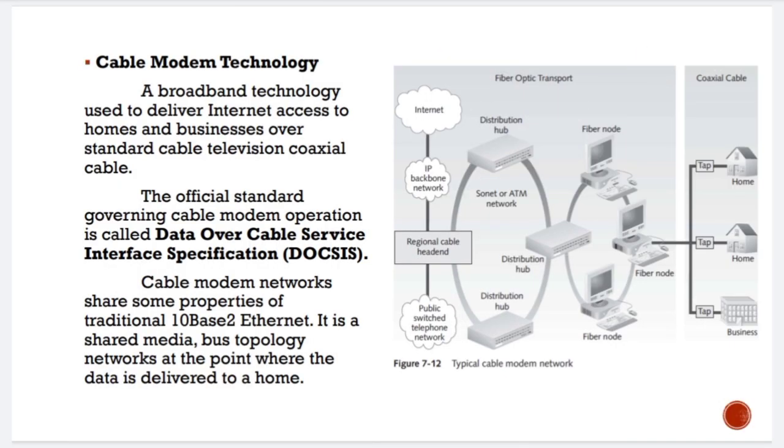The official standard governing cable modem operation is called Data over Cable Service Interface Specification, or DOCSIS. Cable modem networks share some properties of traditional 10Base2 Ethernet. It is a shared media bus topology network at the point where the data is delivered to a home.